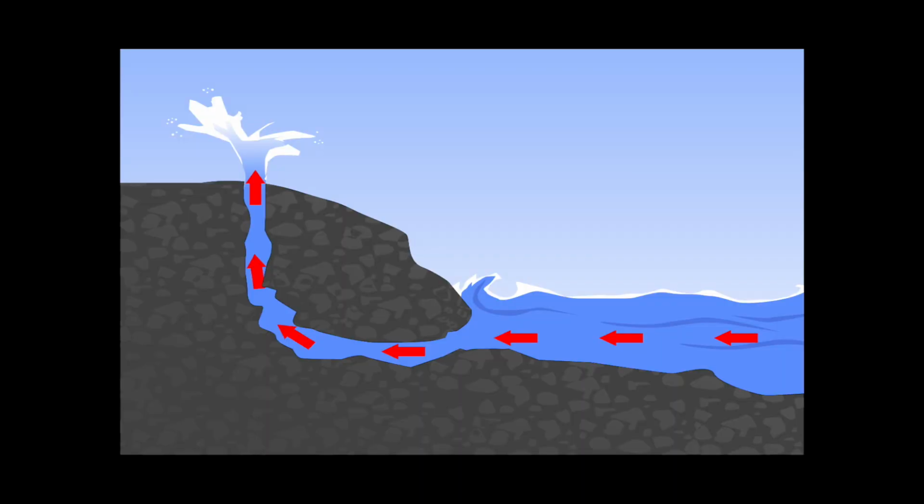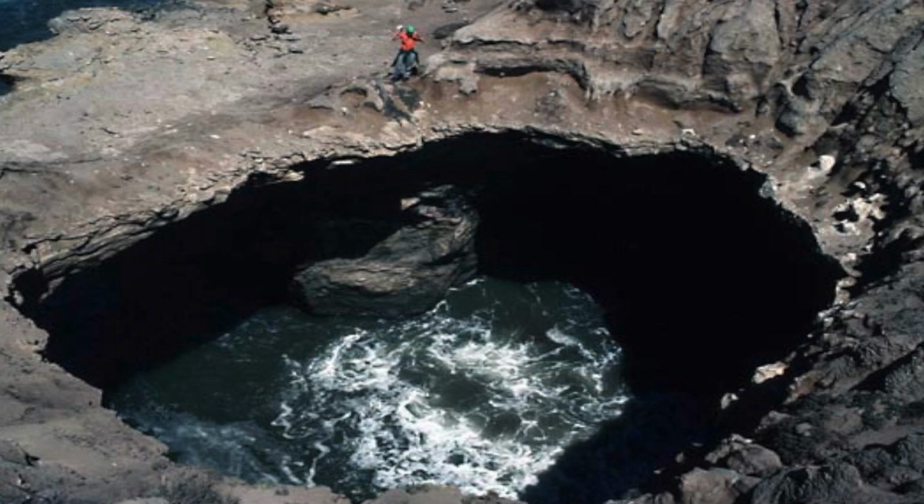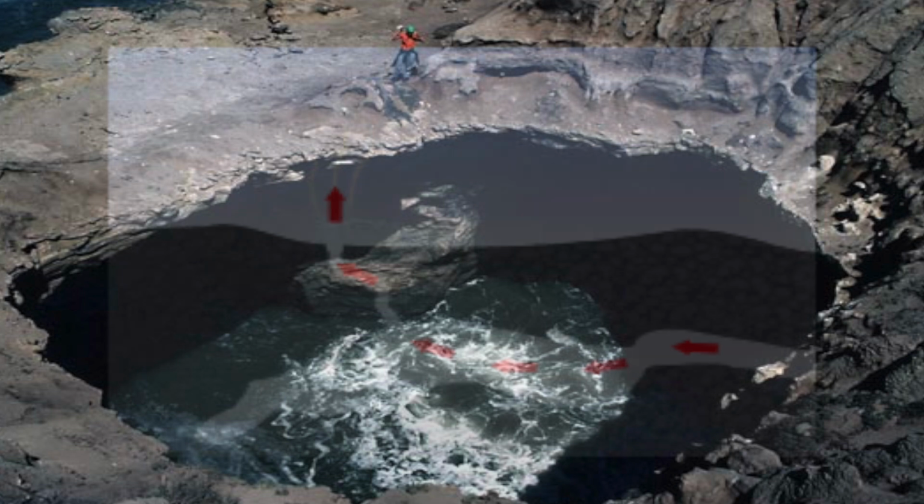Blowholes. Blowholes are associated with the sea cave with a zone of weaknesses like joints that are present on the roof of the sea caves. When the breaker wave attacks the roof of the sea caves along the joint planes, holes develop on the roof of the sea caves.